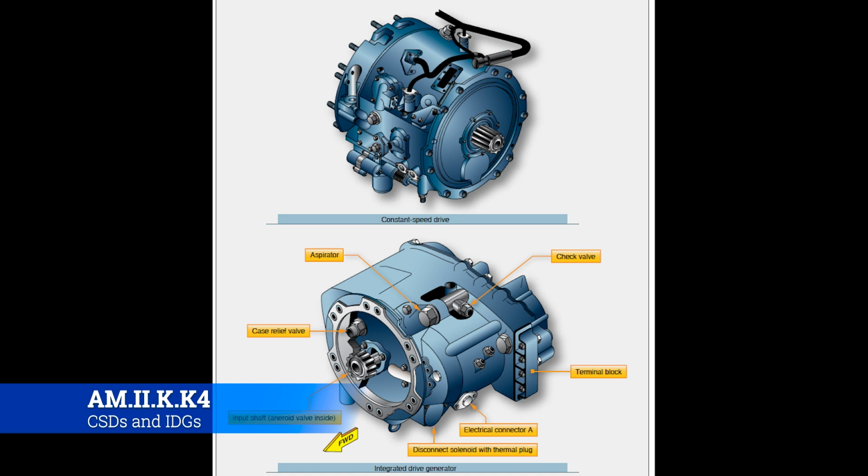And so they've come up with a system that will do that for us, and it's called a constant speed drive or an IDG. Now, all AC alternators have to rotate at a very specific RPM to keep the frequency of the AC voltage within the limits that the airplane can tolerate, which is not very much. They're pretty tight.